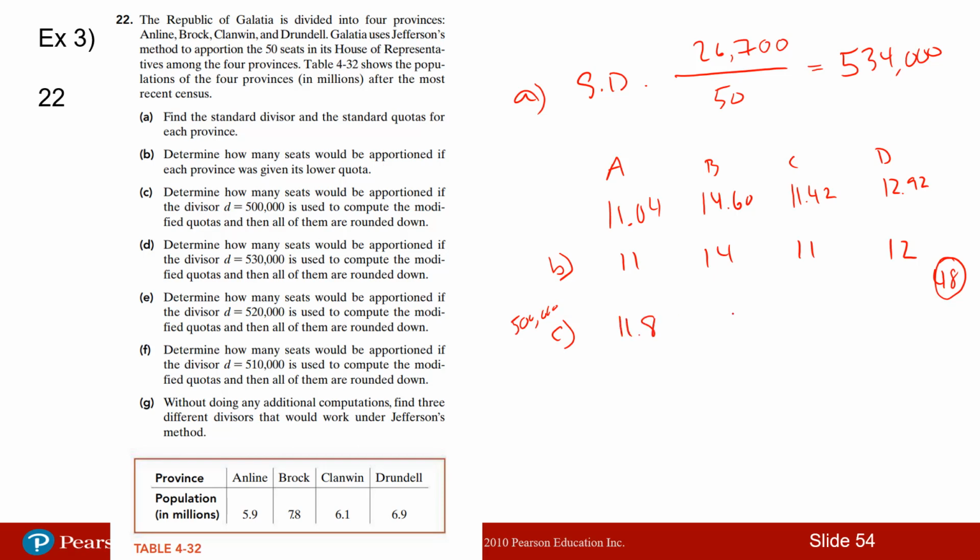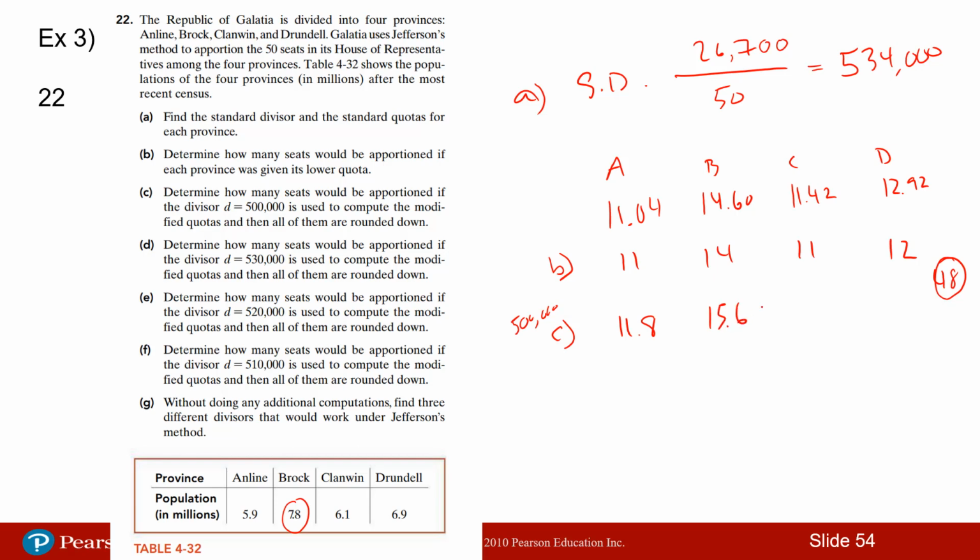That's 11.8, okay, cool. And this one's going to be 7,800,000, right, to give you that millions. We're good? Okay. That's 15.6, okay, no problem. We'll just keep on going here.